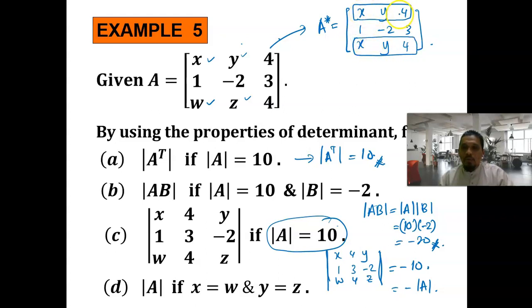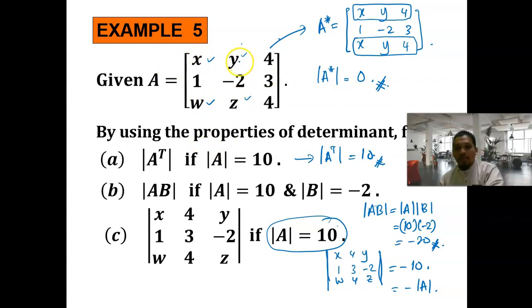There are two rows with equal elements, x and x, y and y, 4 and 4. So the determinant of A star equals 0. That's the solution of all these questions.